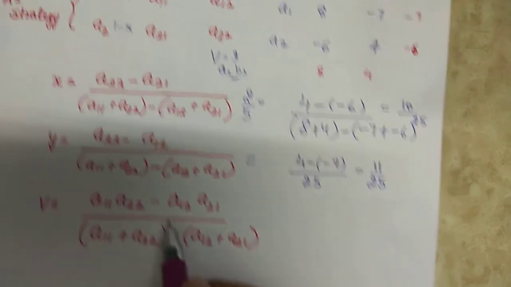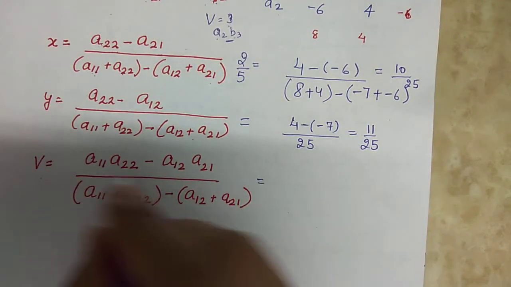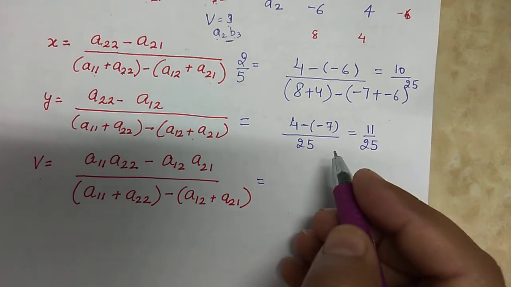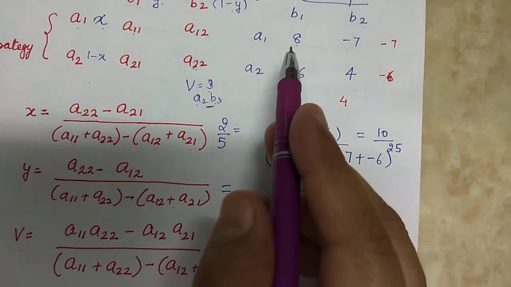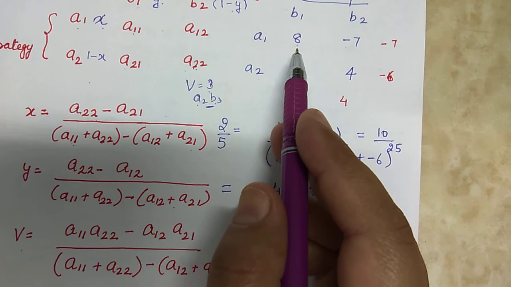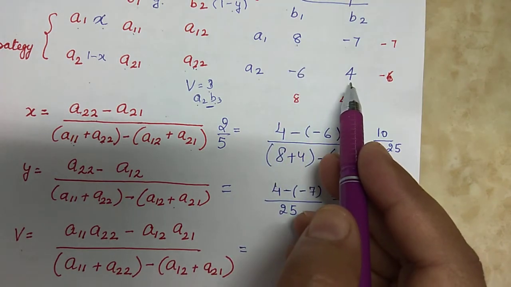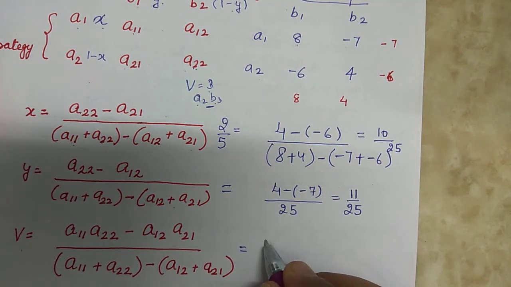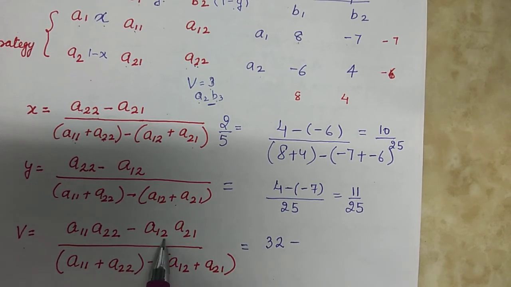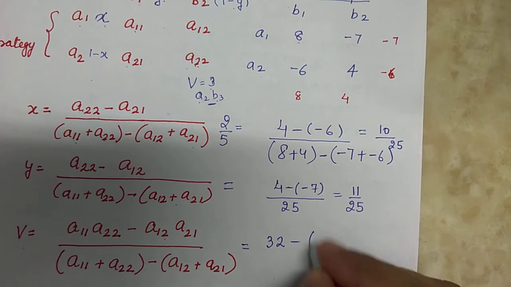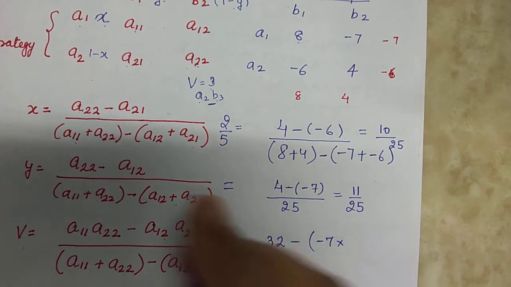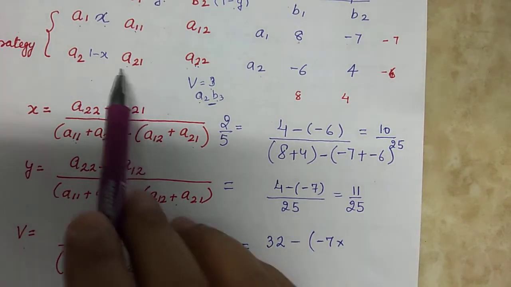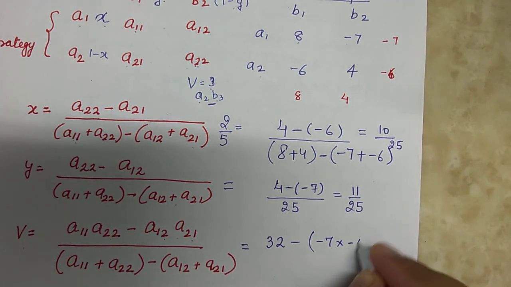And then the value of the game: A11 multiplied by A22. The value of A11 is 8, and the value of A22 is 4. Minus A12, which is minus 7, multiplied by A21, which is minus 6.